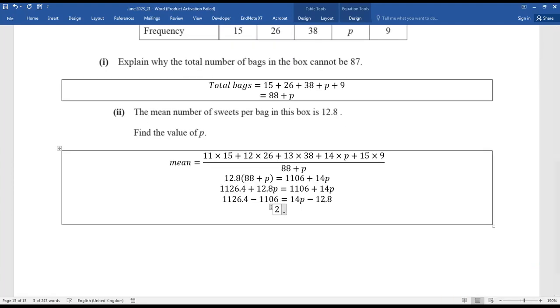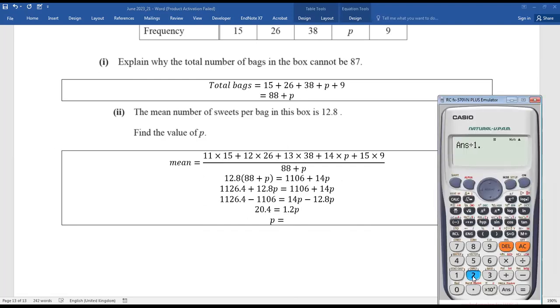So 20.4 is equal to 1.2P. The value of P is 17.